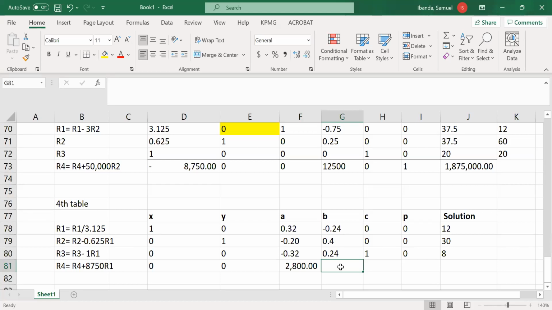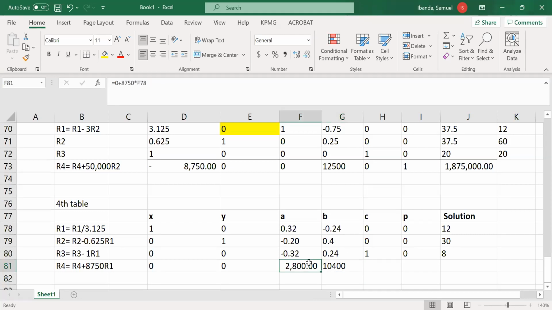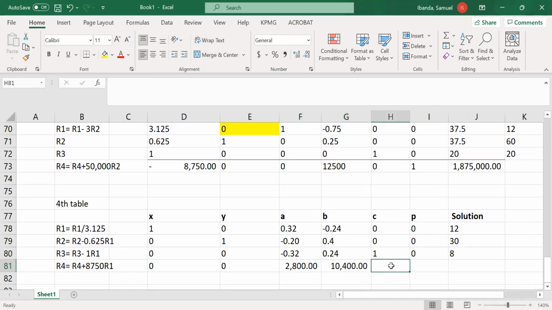So this one is our R4, which is 12,500 plus 8750 times negative 0.24. It gives you 1,0400. That is what you basically have. Okay. We proceed.